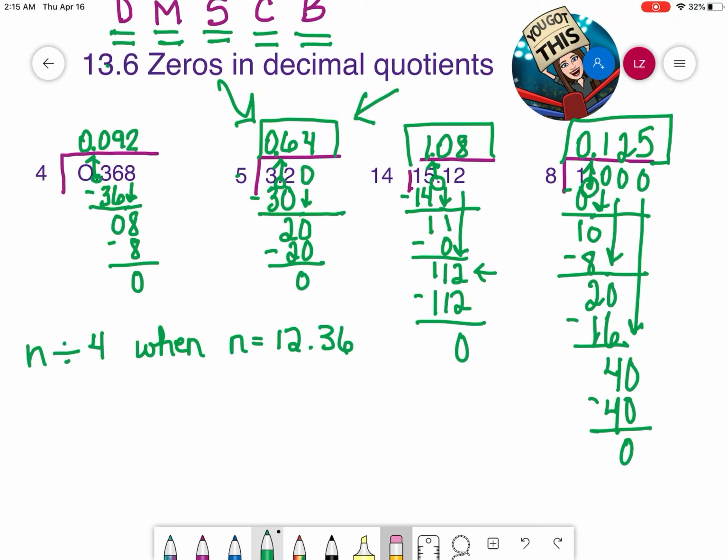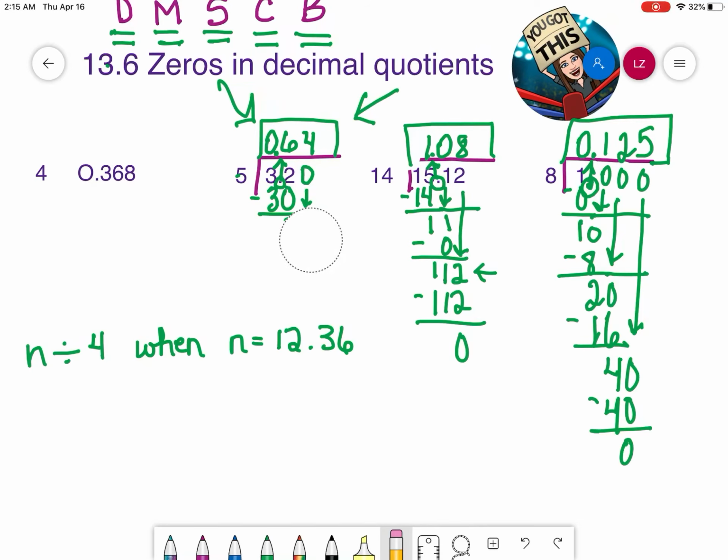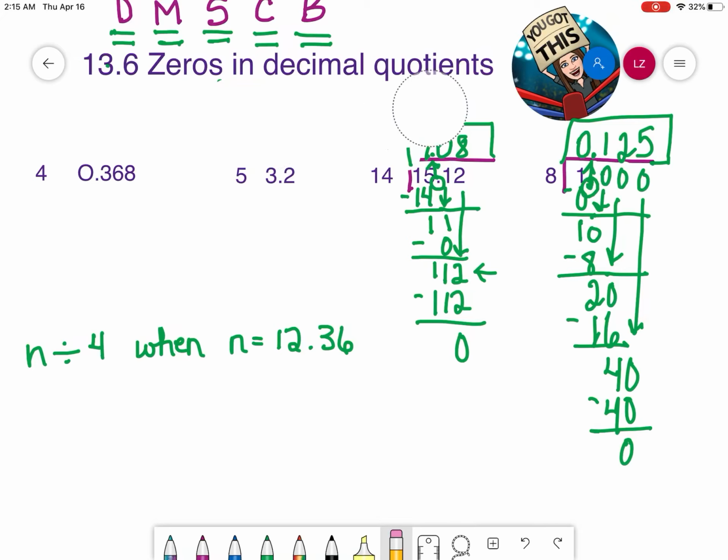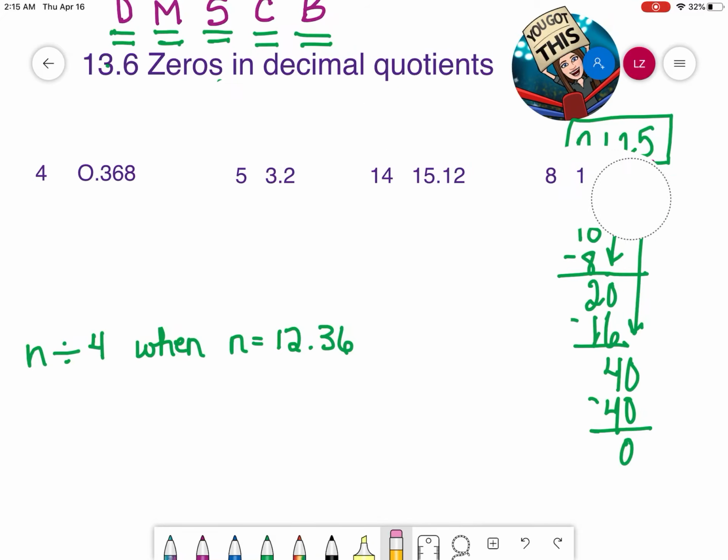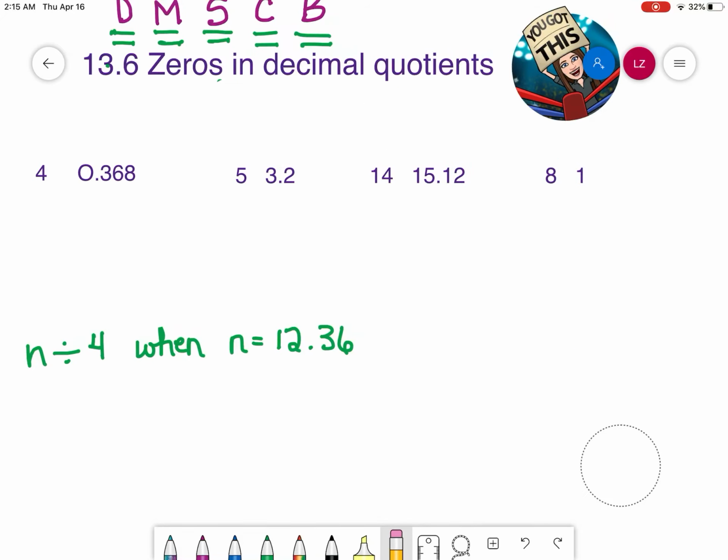All right, let's look at that a second while I make some room. Over here, let's get rid of all these. So the question is, what is n divided by 4? You've got numbers and letters. How confusing, right? Not really. You're going to get into algebra. It's going to have numbers and letters mixed. So it wants to know what n divided by 4 is.